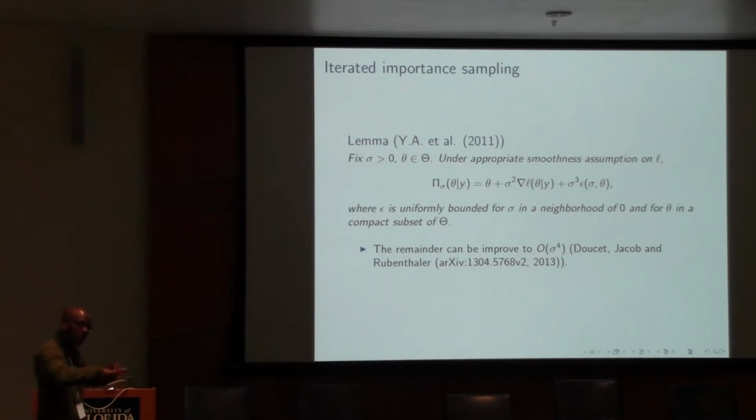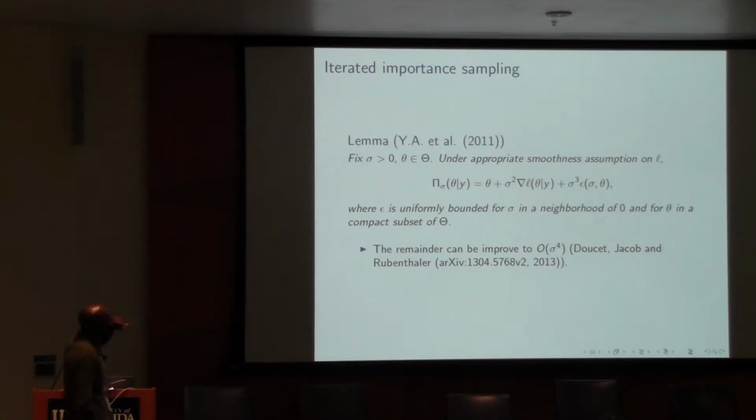So your log likelihood function could be multimodal, but if it is smooth at a particular theta, you can get the gradient at theta from this result. And of course, if it is multimodal, that gradient might lead you to a local mode. Does that answer the question? Okay.